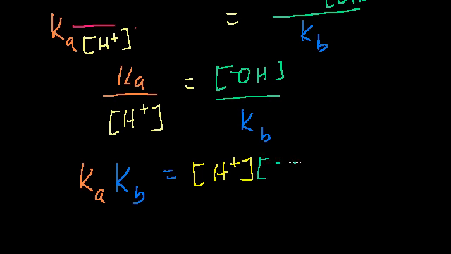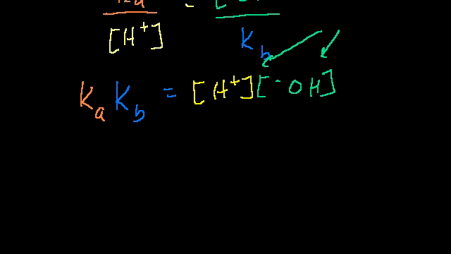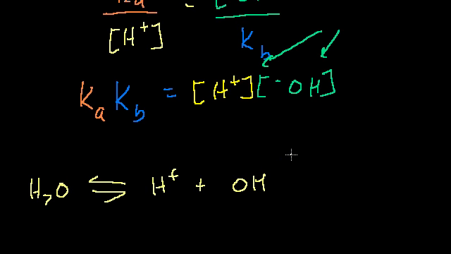Remember, this is all in an aqueous solution. What do we know about our hydrogen times our hydroxide concentration in an aqueous solution? Let me review just to make sure I'm jogging your memory properly. We could have H2O, which can auto-ionize into H plus and OH minus.